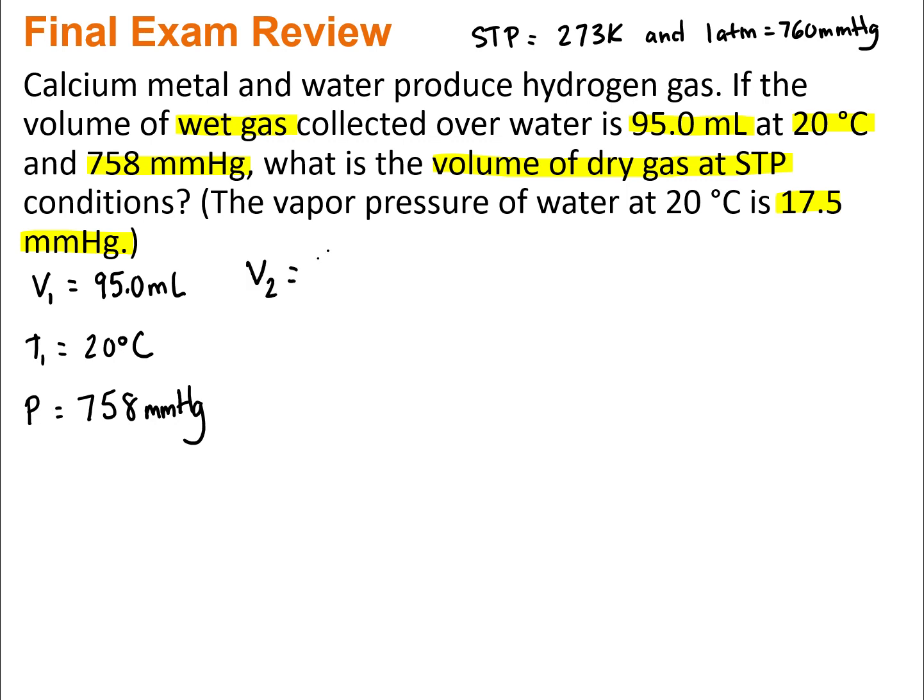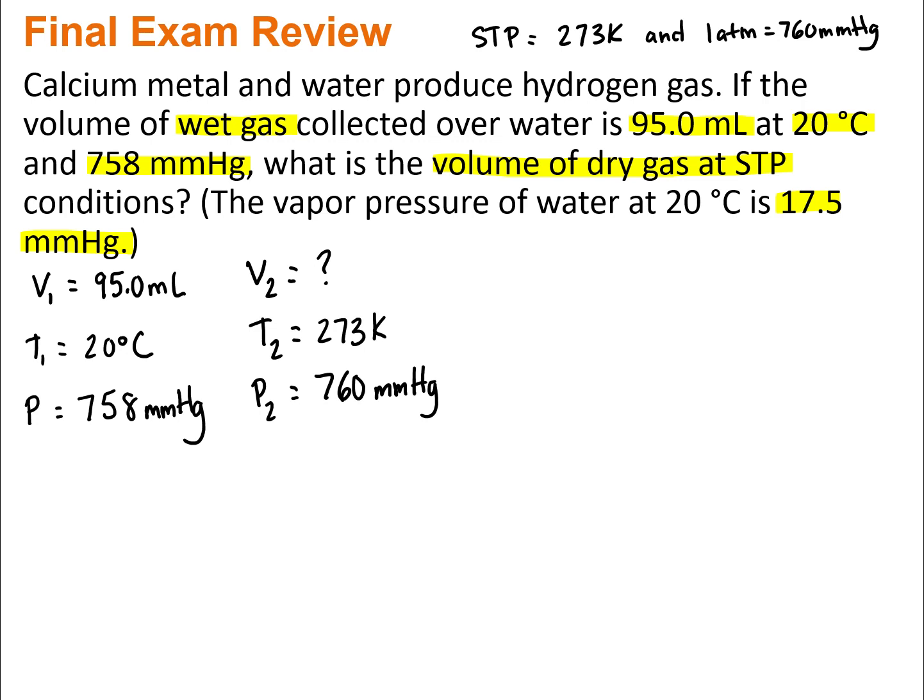We don't know what the volume is. T2, we know it's 273. And our pressure is 760 millimeters of mercury.